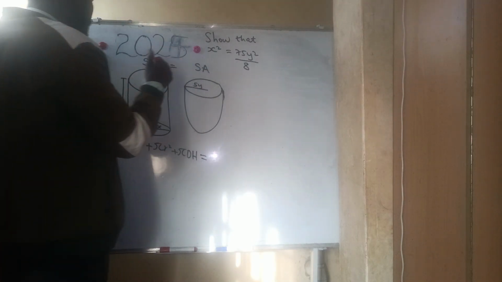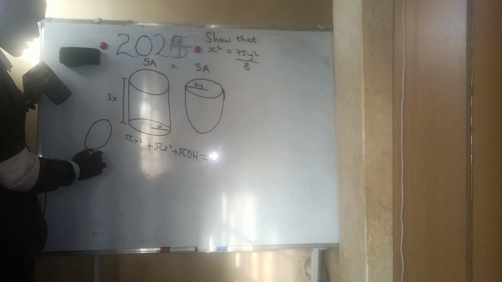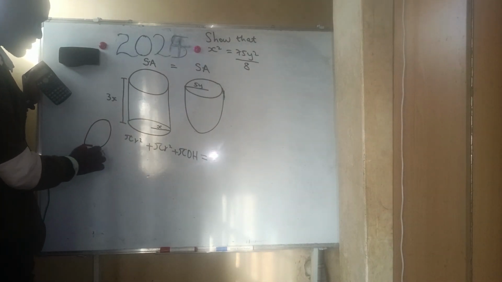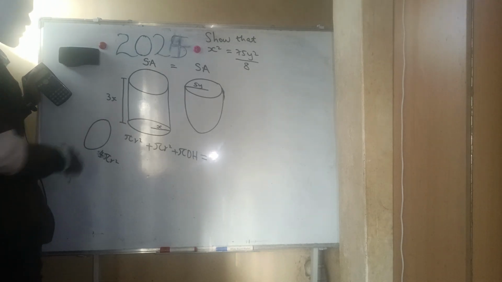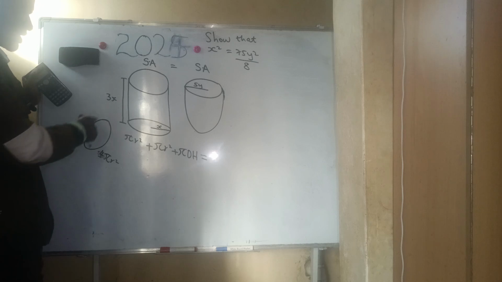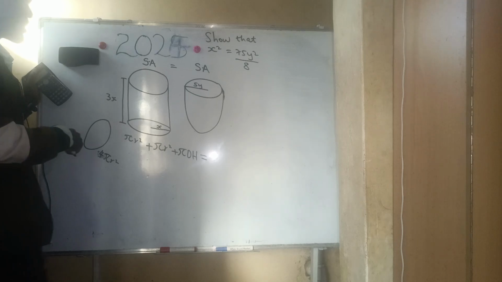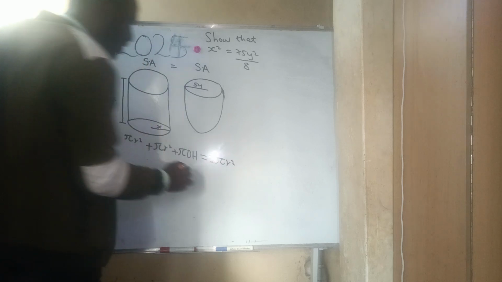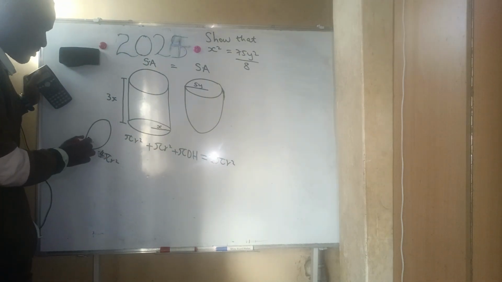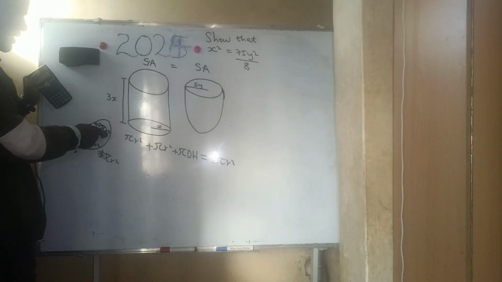I know very well that if I have a sphere, then the total surface area of a sphere is given as 4 pi r squared. So if it is hemi, to mean half of that, we are going to have 2 pi r squared. This is a hemisphere, and this is a hemisphere.